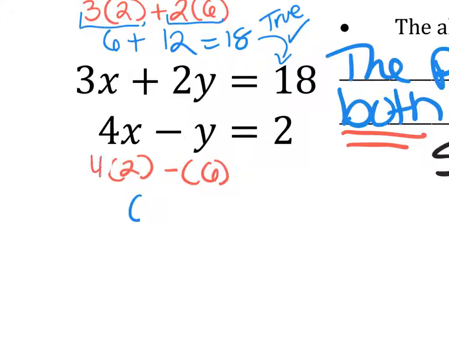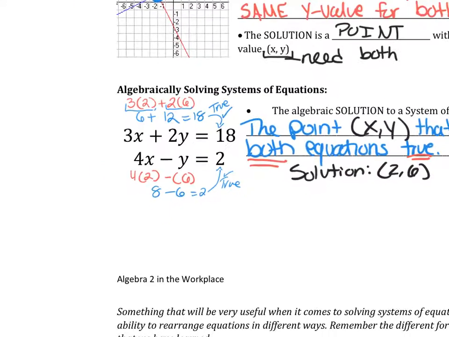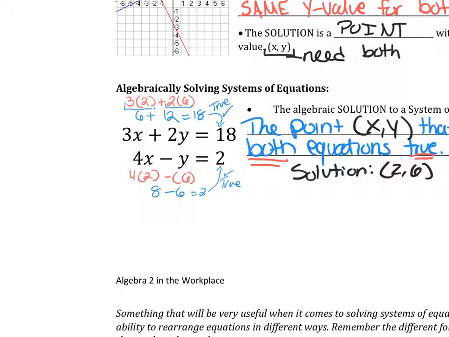Sorry, 4 times 2, which will give us 8 minus 6, which is indeed 2. So since that's true, and that point makes both equations true, that is why the point (2, 6) is the solution to the system, because it works for both equations.